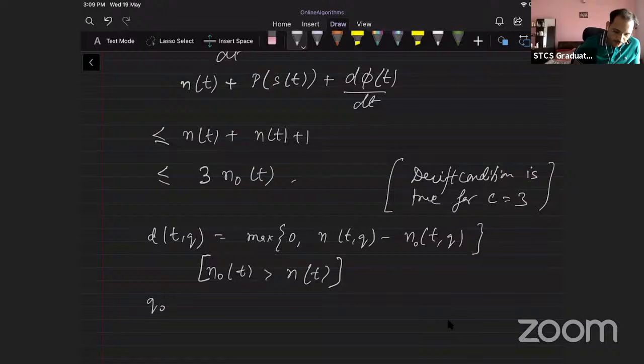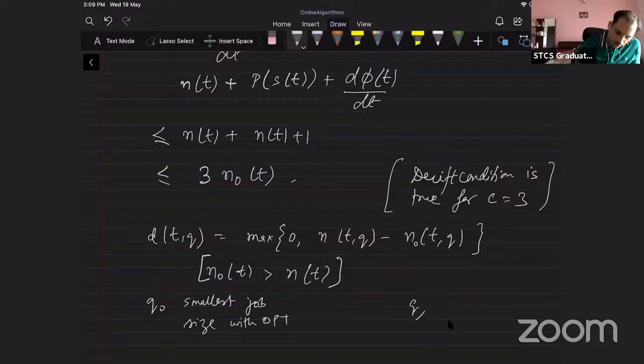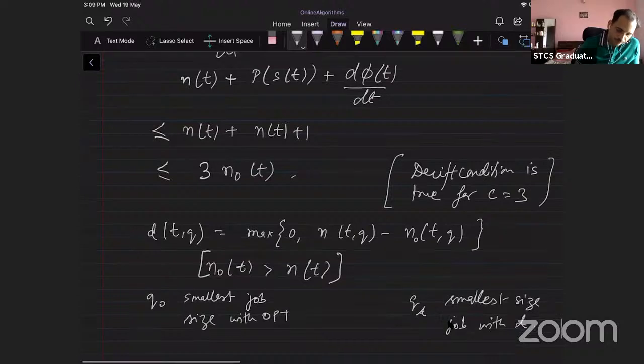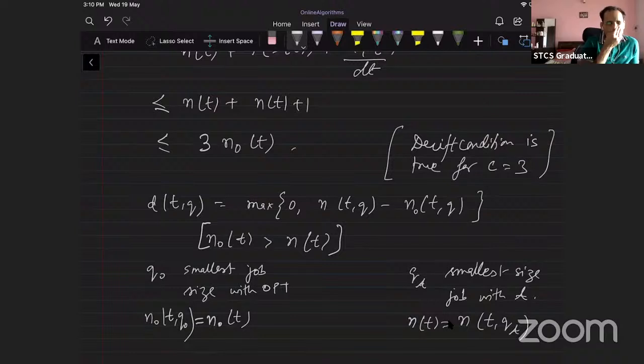So let's say Q0 is the smallest size of job, and QA be the smallest size job with A. So by definition, what is N0 of T equal to? N0 of T comma Q0, and by definition N of T is N of T comma QA. This is just by definition, right?